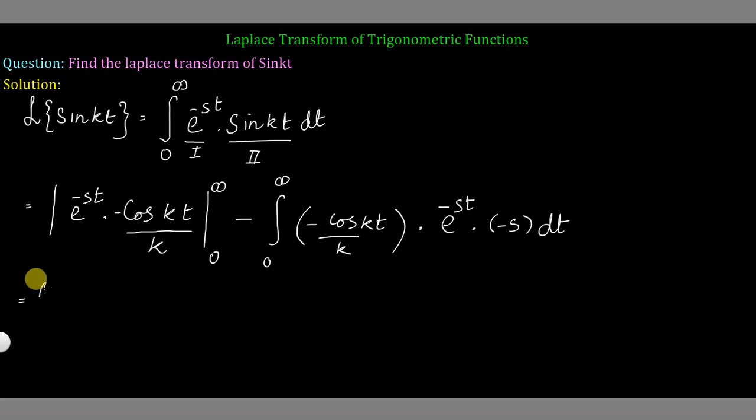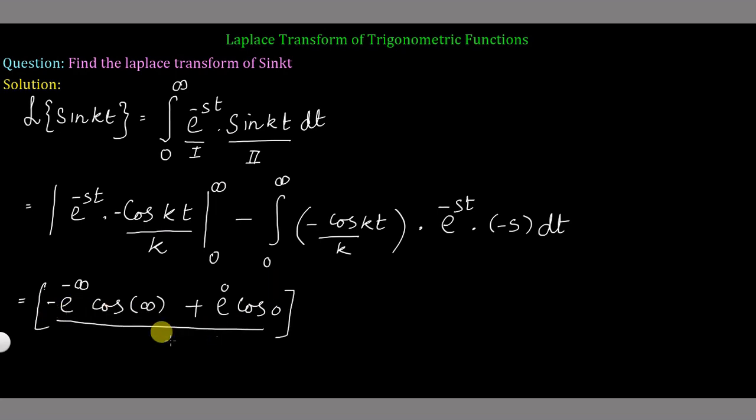Keep in mind, if you insert infinity over here, it will become e raised to the power minus infinity times cos of infinity, then minus, and this minus will become plus, e raised to the power 0 times cos of 0, overall divided by k.